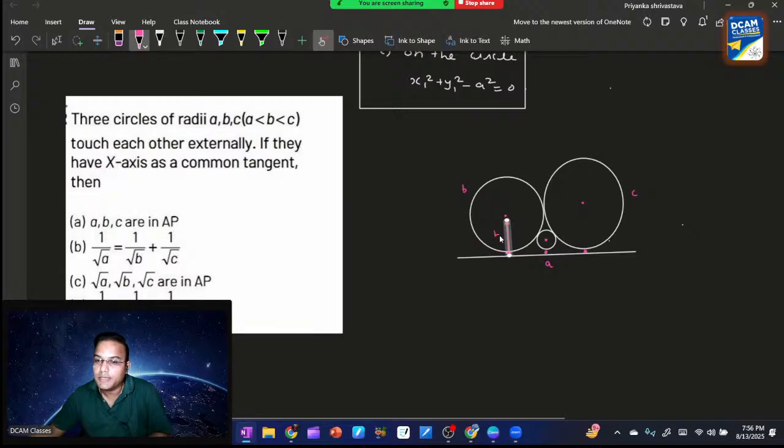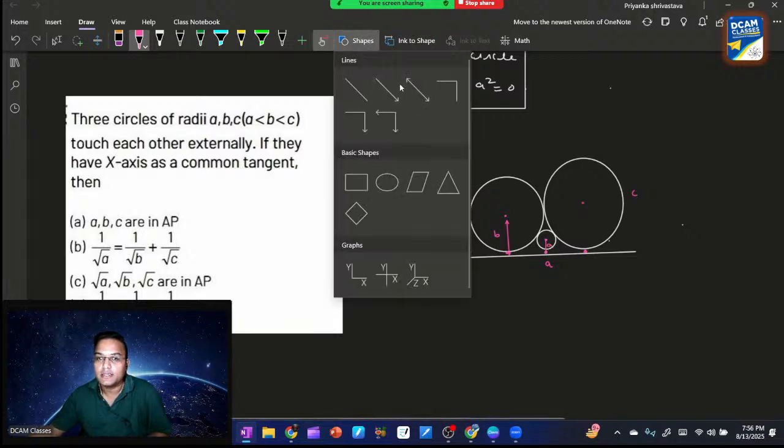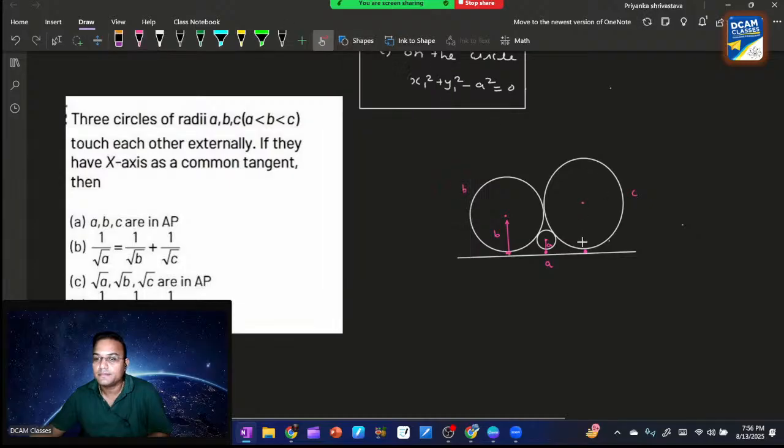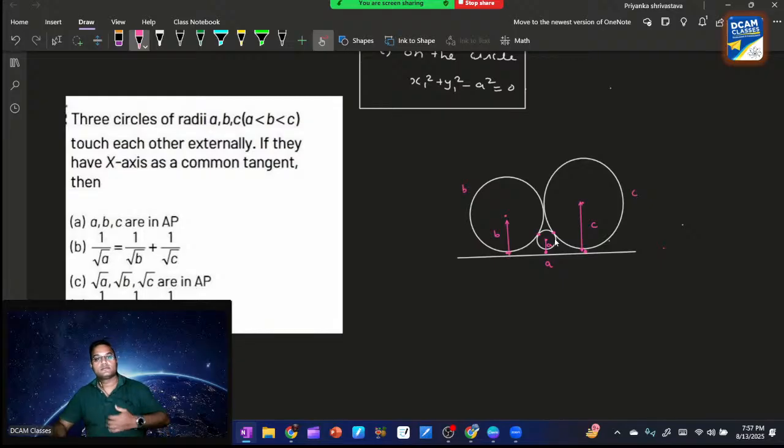It's pure geometry. This is b, this is a, and this will be just c. They are touching at these points. The x-axis is the common tangent.